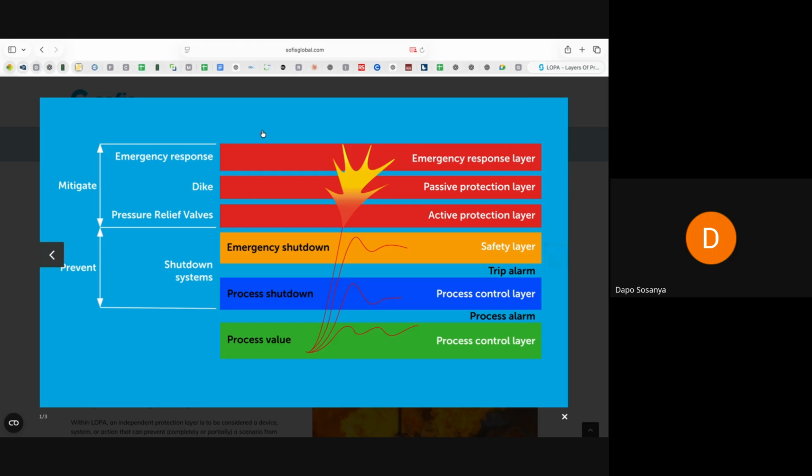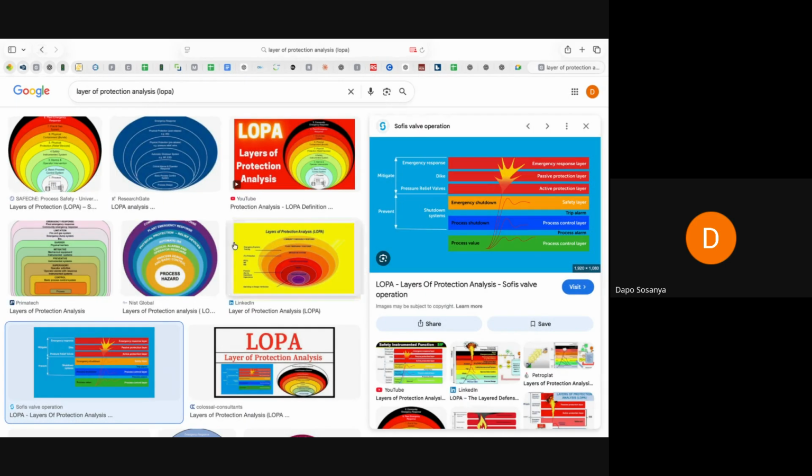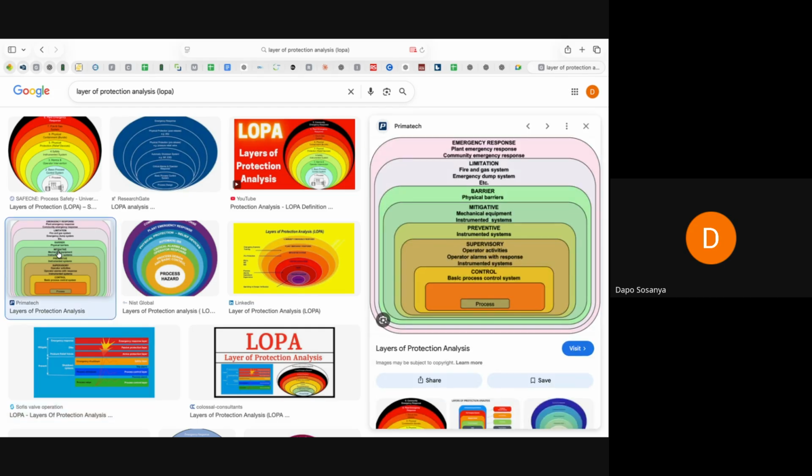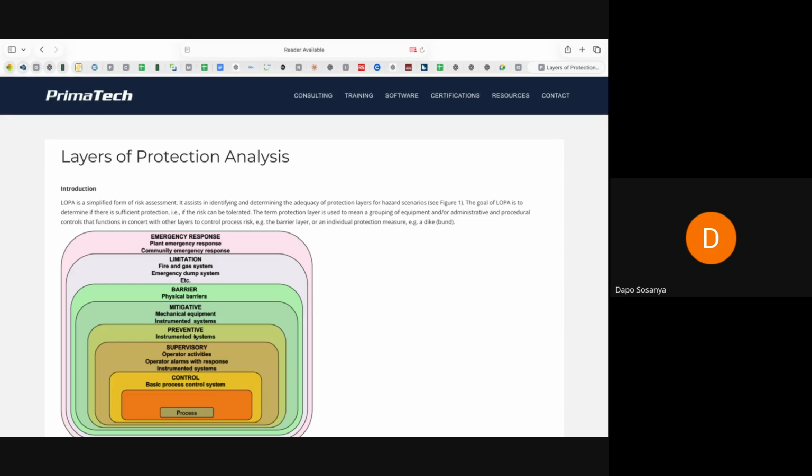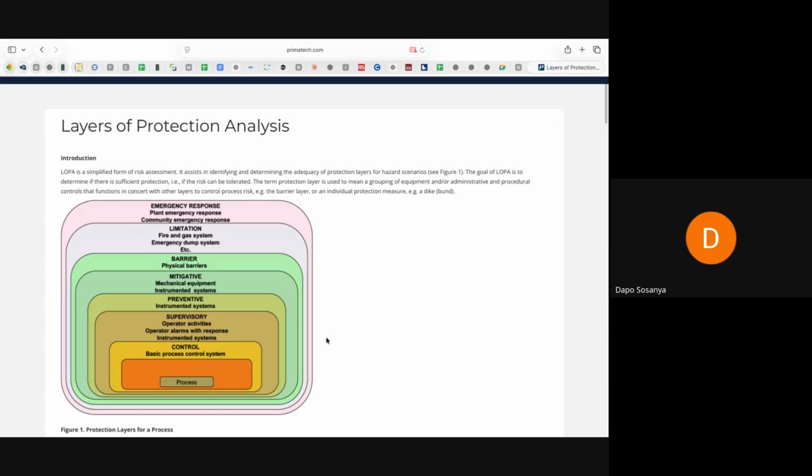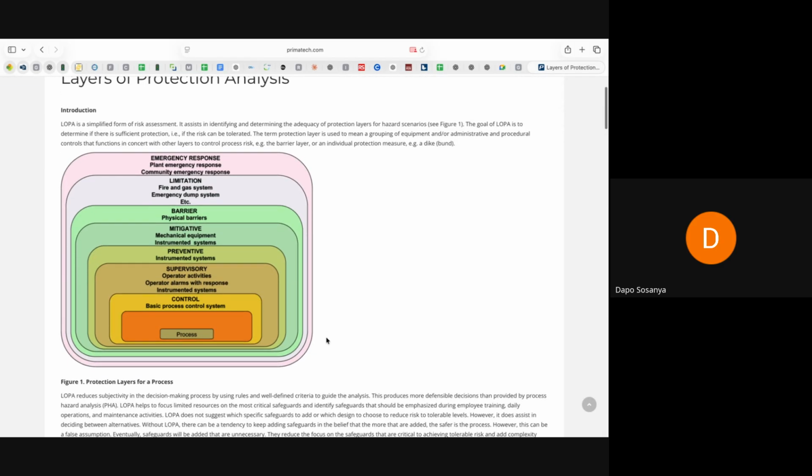So we call this the LOPA, layer of protection analysis, where we identify the different layers of protection for the process. So it's represented in different ways. This one is showing the process, you can see everything is enclosed.